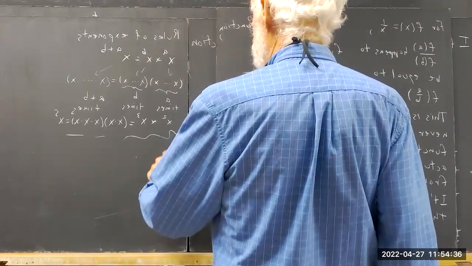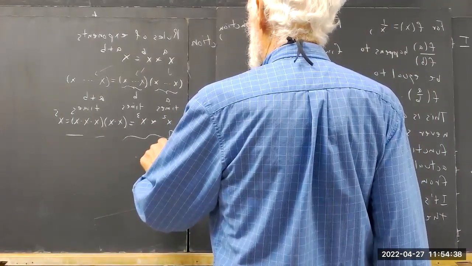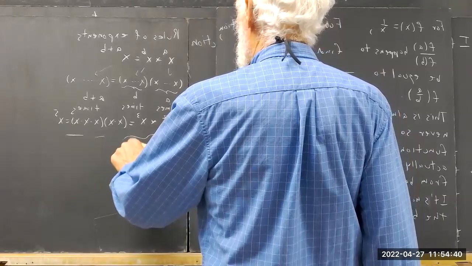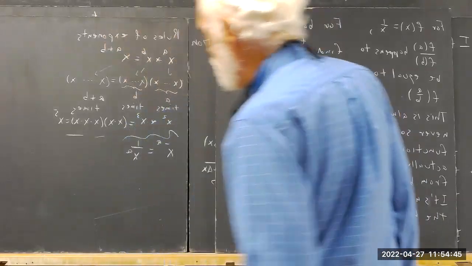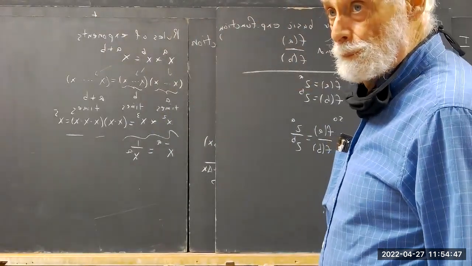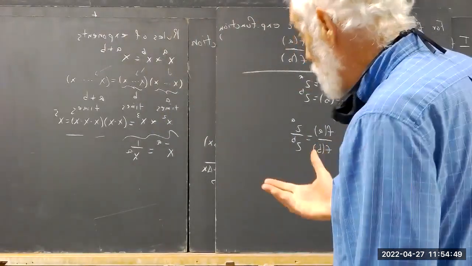Another rule. X to the negative a equals 1 over x to the a. Okay. This had better be true.